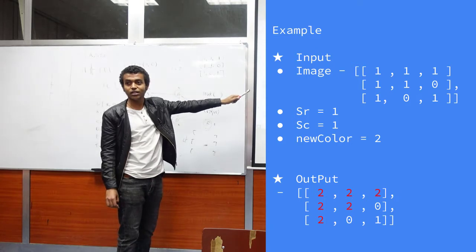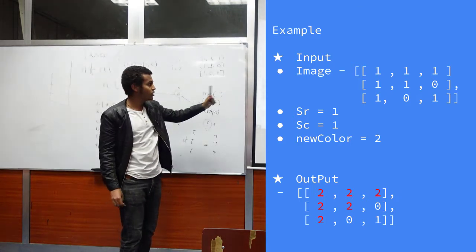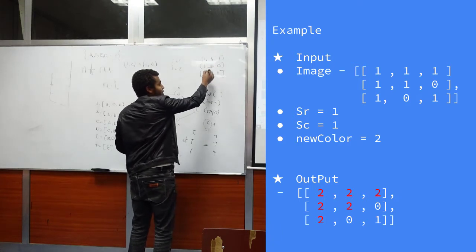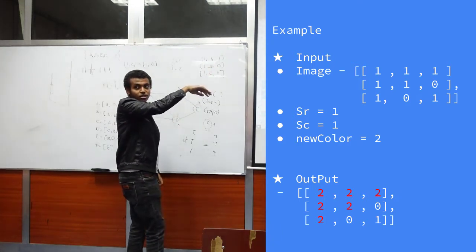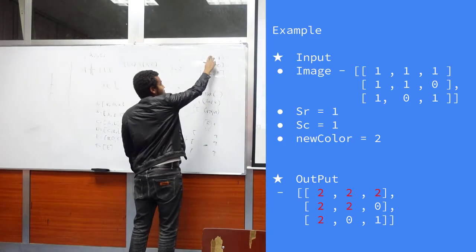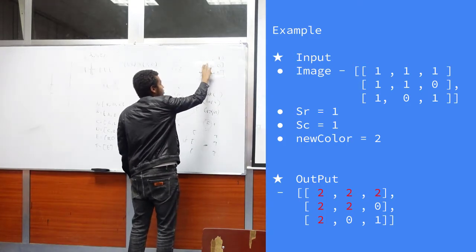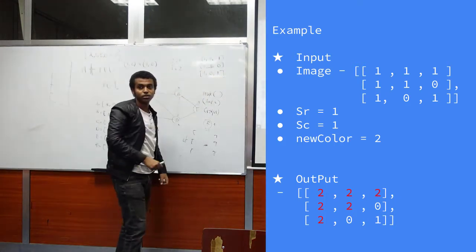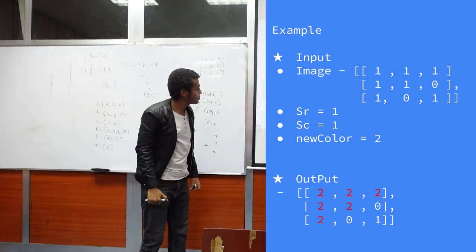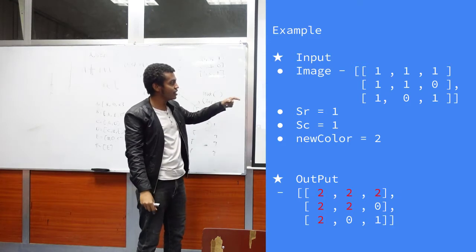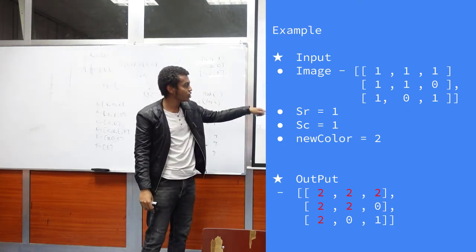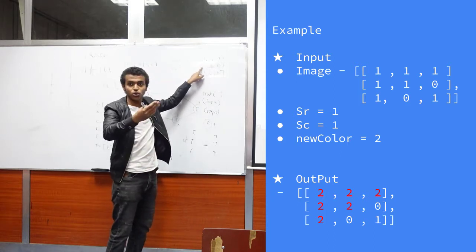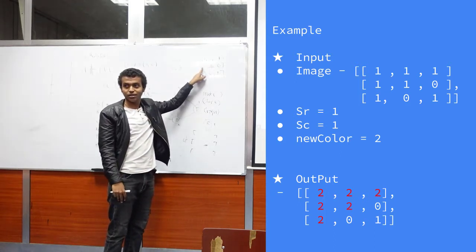So we find the neighbors and we change their colors to our new color. What's our new color? It's 2, right? First we change this to 2, then we change our neighbors' colors to 2. So this becomes 2, this becomes 2. There's no other neighbors, and then any other pixel connected four-directionally to those pixels also gets colored the same way. Is that clear?